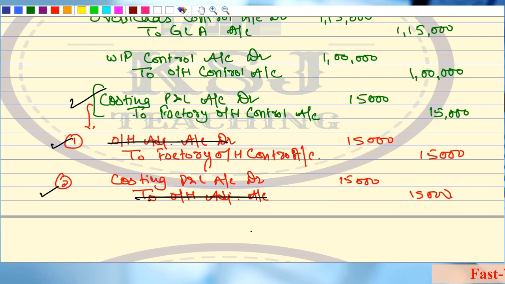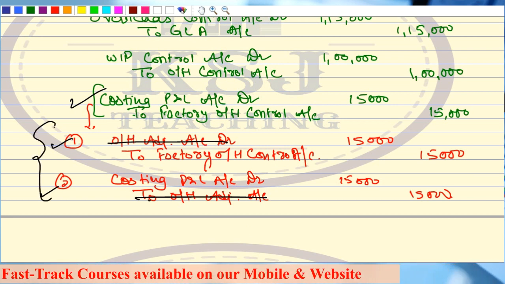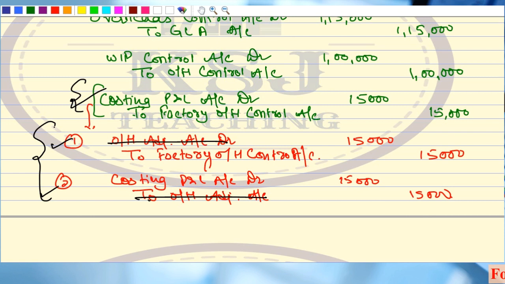I told you that if the question specifically says that you have to prepare the overhead adjustment account, then these two entries will be passed. And if the question is silent as to the preparation of overhead adjustment account, then simply you have to post this entry, no need of overhead adjustment account, right?